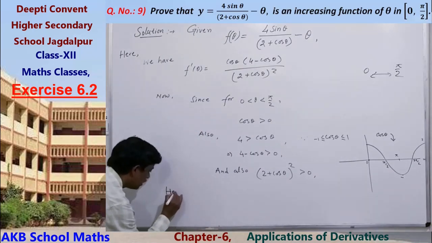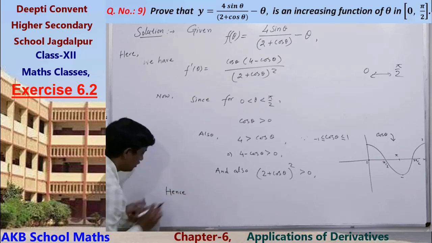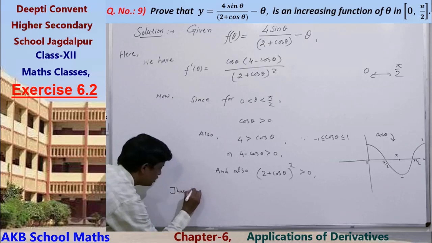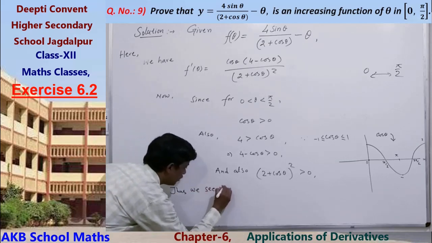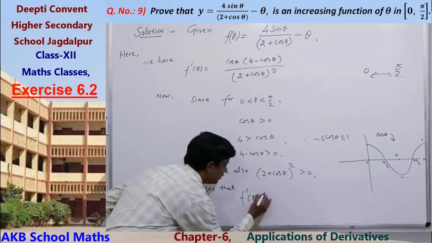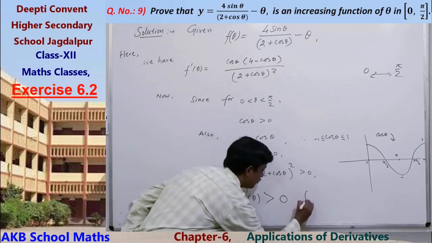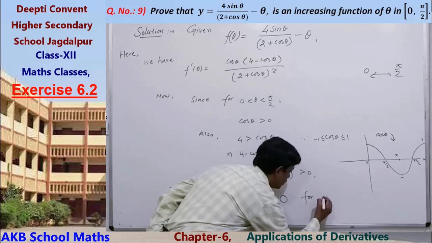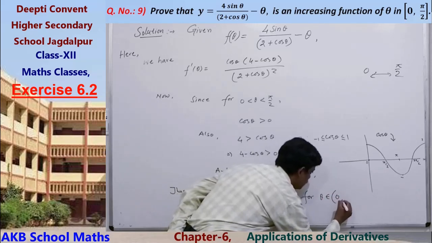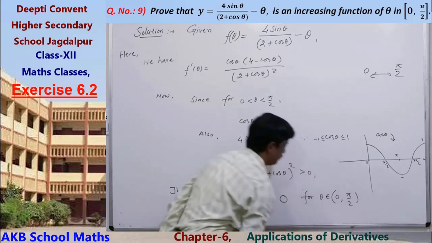Thus we see that f dash theta is greater than 0 for theta belonging to 0 to pi by 2.